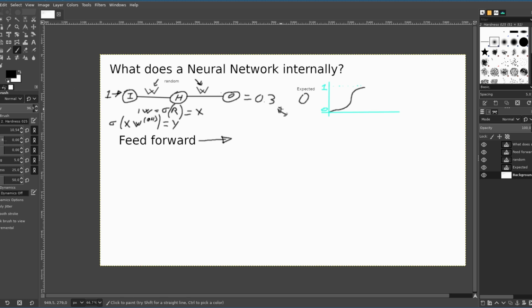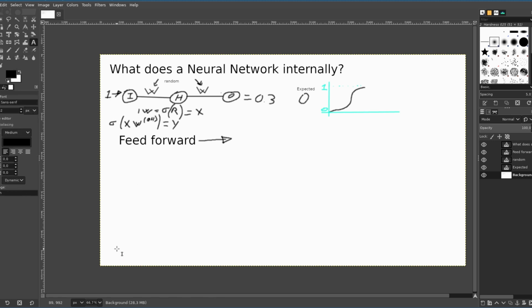This means that the neural network should be trained in order to give me a number more near 0. And for doing so, there is another method that is called backpropagation.